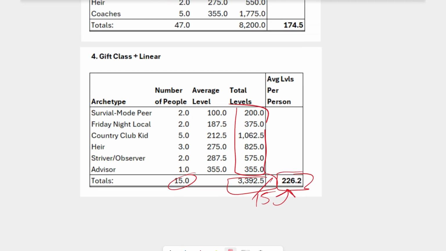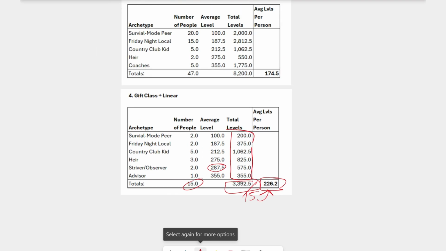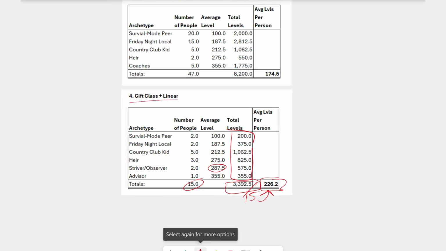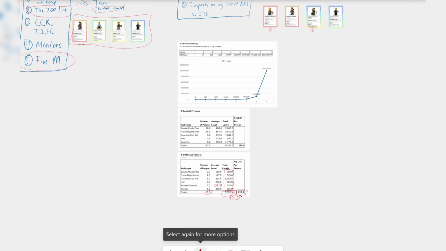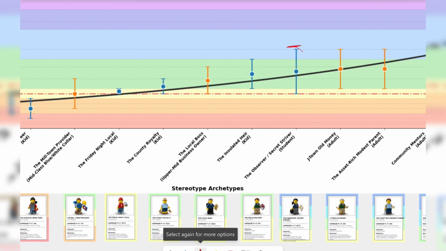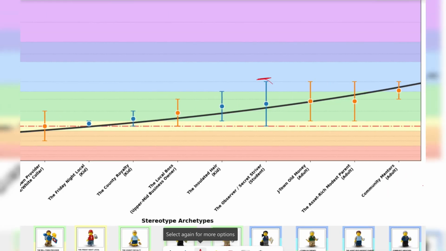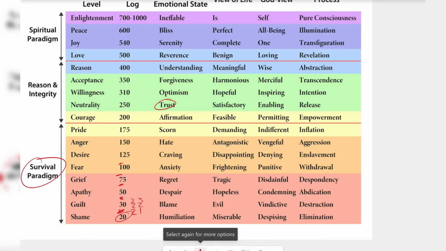Well, in this environment, right, I'm the observer striver. If you're watching this video, you're probably one too, newsflash. In this environment, in gifted class, where there are a higher average level of consciousness, I am comfortably within this green zone here, meaning that I am trusting, I am satisfactory in my work.